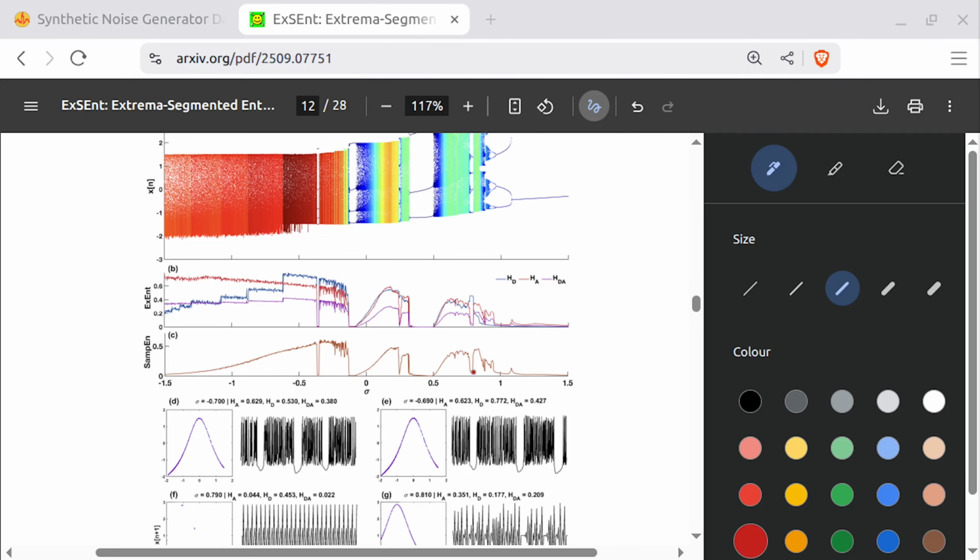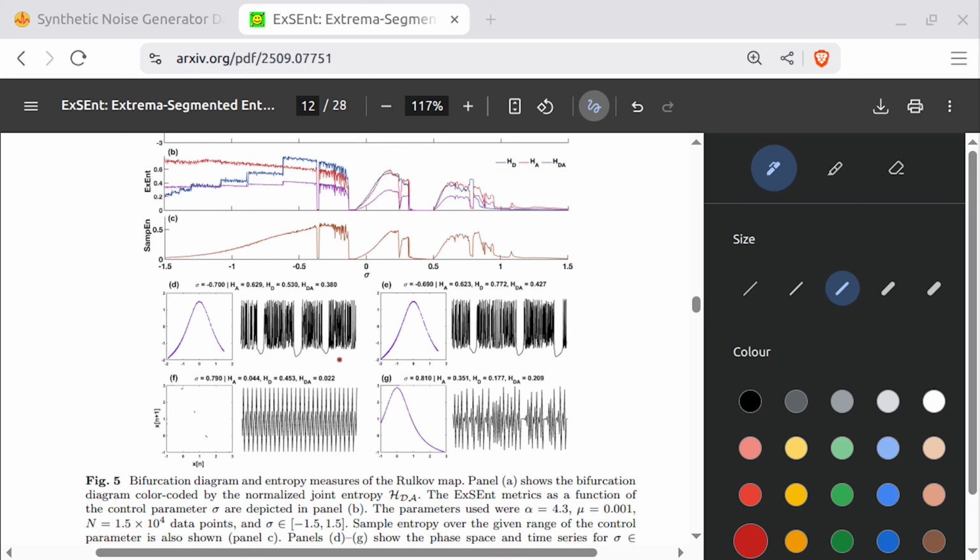Panel B displays the ExSEnt metrics HD, HA, and HDA as a function of the control parameter sigma. These lines show how the different entropy measures change as sigma is adjusted, giving insights into the system's complexity and predictability. Panel C shows the sample entropy, SampEn, for the same range of sigma, allowing for a comparison between ExSEnt and SampEn. Panels D and E depict the phase space and time series for specific values of sigma.